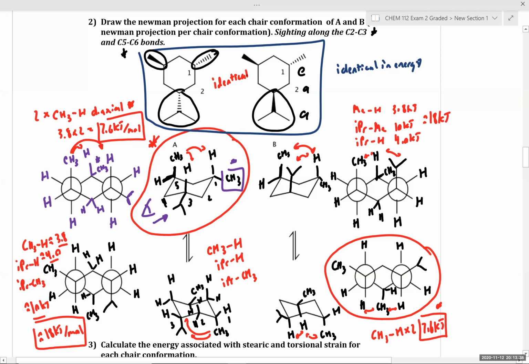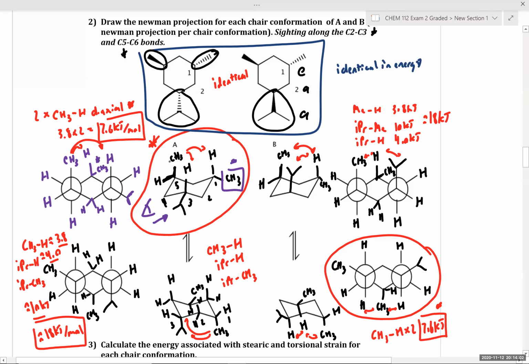They're identical via rotation. Does everyone see how if you flip the structure 180 degrees, they're the same? So if you're stuck on the energy calculations, you can actually backdoor this entire problem if you recognize that these two compounds are identical. By definition, they must have the same energy.